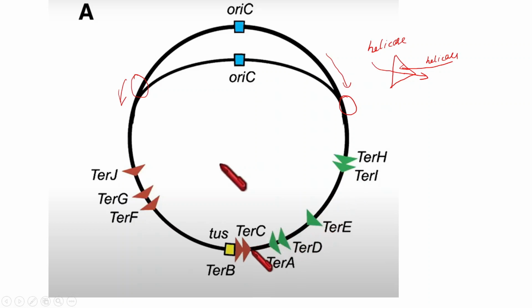On reaching here, it again faces the pointed face of these TER proteins, and this TER protein stops that helicase here, and that replication process also stops on reaching this point. So that is how the termination occurs in the case of DNA replication of prokaryotes. I think it is clear to you. With this, I'm going to finish today's session. Thank you.